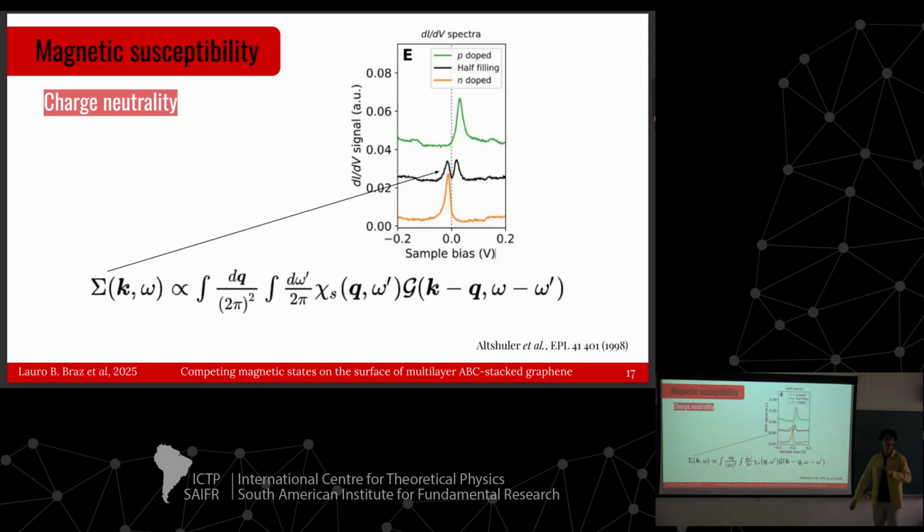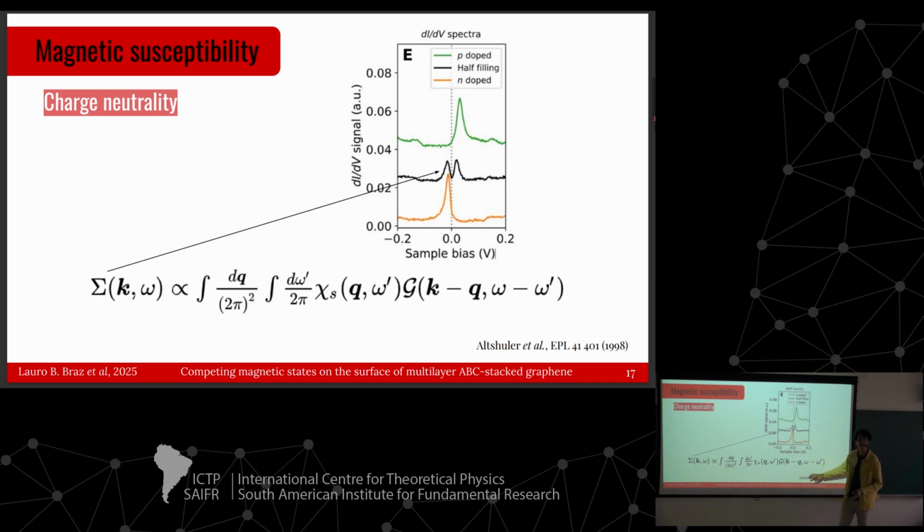But now we want to understand something more, which is the effect of the Hubbard U. First we notice that the split in the density of states is related to the appearance of a self-energy. But the self-energy of a magnetic system, or a system displaying a spin density wave, is related to the susceptibility.